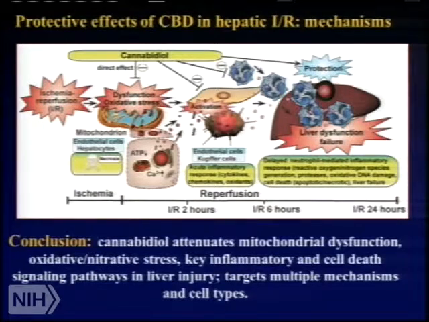So, concluding this part, cannabidiol has multiple targets. One of them is mitochondrial dysfunction and ROS generation, but it also targets inflammatory Kupffer cells and also the neutrophil-mediated response. Why is it important?